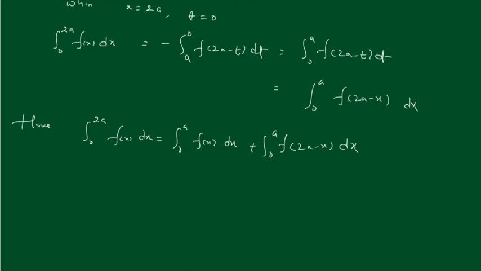So next, the seventh property. Proof of the seventh one, using property 6, the previous property only.